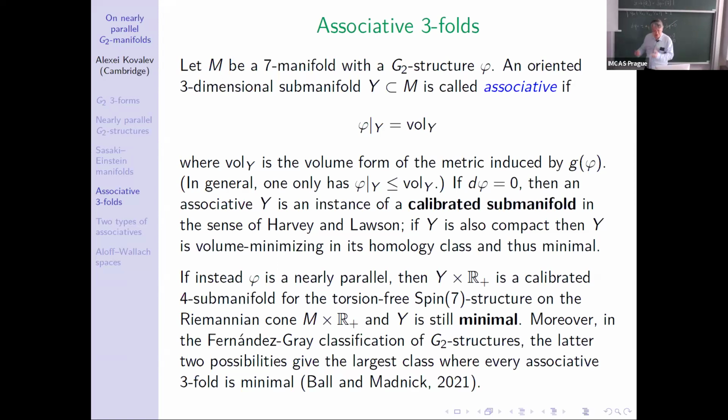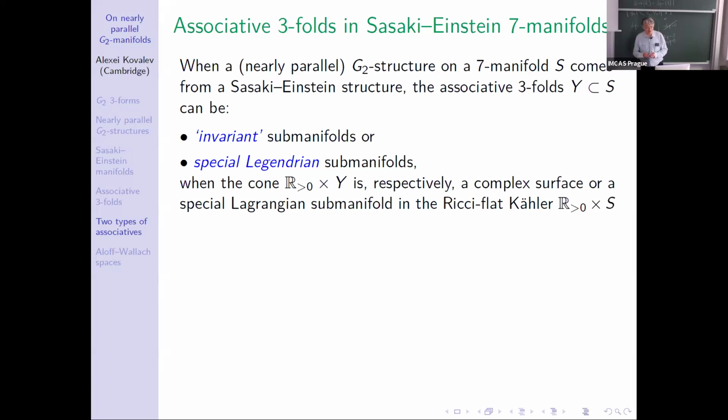And now I come to, well, so far I was reviewing something that was already known for a number of years. The actual project that I did with my co-authors is, well, we started with a bit of a case study. First of all, we look again at Sasaki-Einstein 7-manifolds.